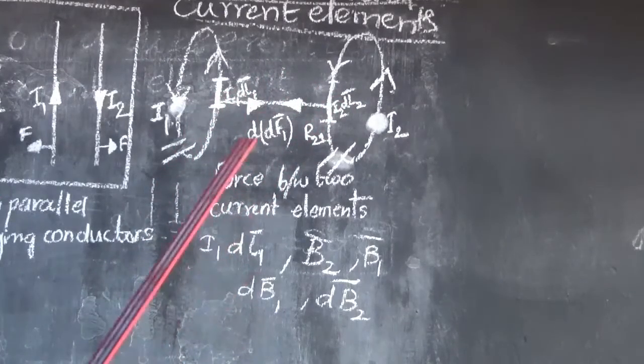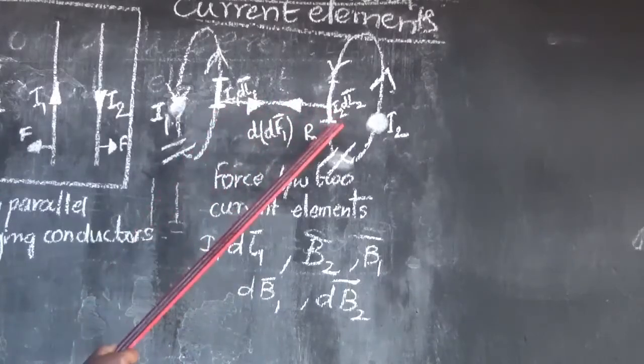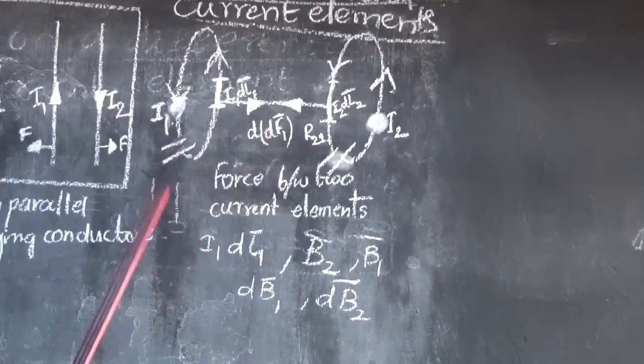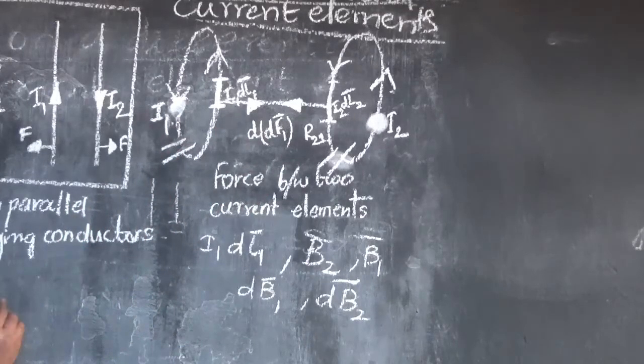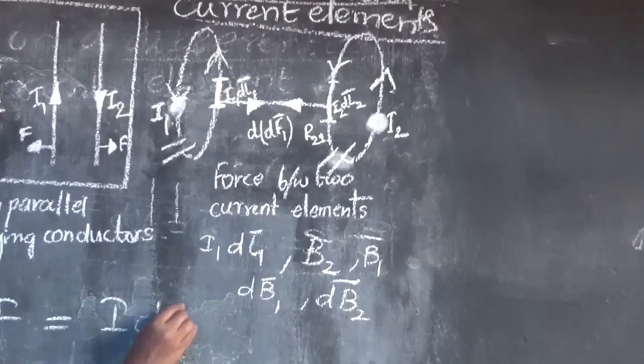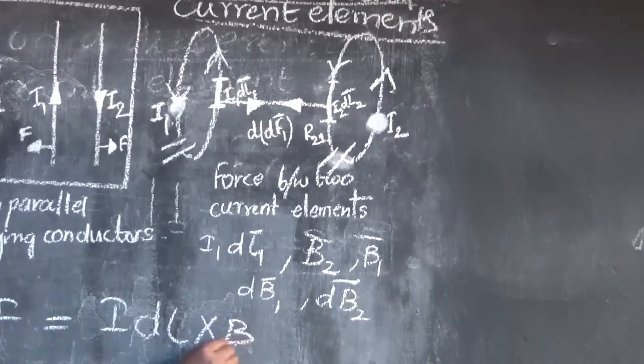And what is the force between these two current carrying conductors? That force we are going to calculate. We know from the previous class that the force dF is equal to I dl cross B bar.